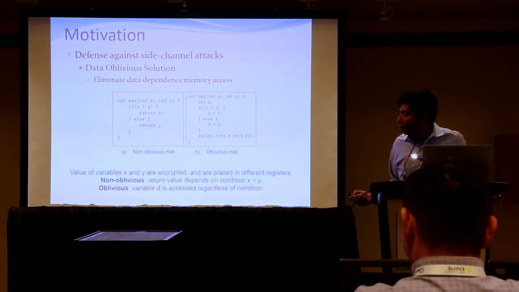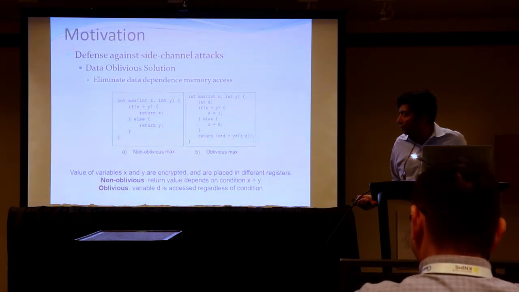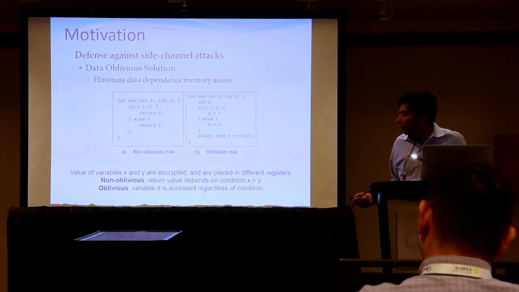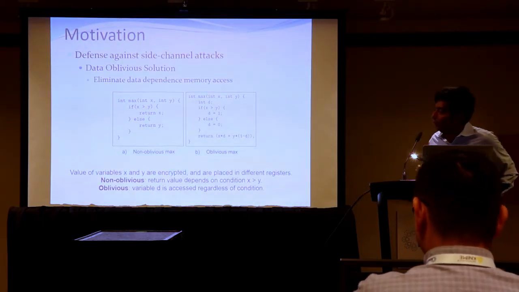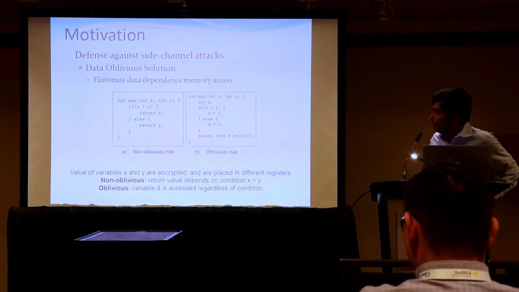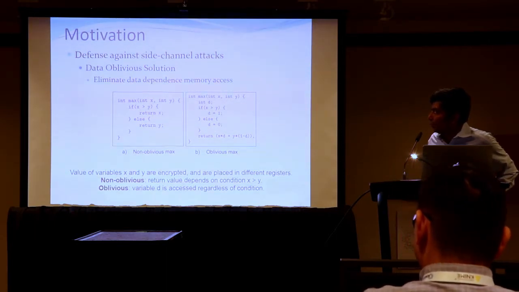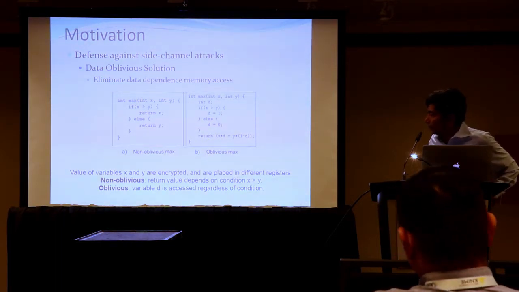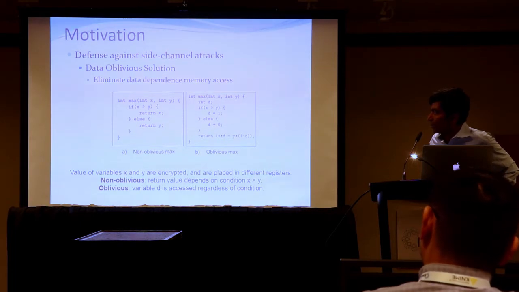And this solution is a non-oblivious solution because the return value depends on the condition on x and y. The values of variables x and y are encrypted from the attacker's perspective and are placed in different registers. Now, if you implement a non-oblivious solution like this, the attacker can infer, based on the input, which value is the input. Whether it's greater or less, those types of things the attacker can infer.